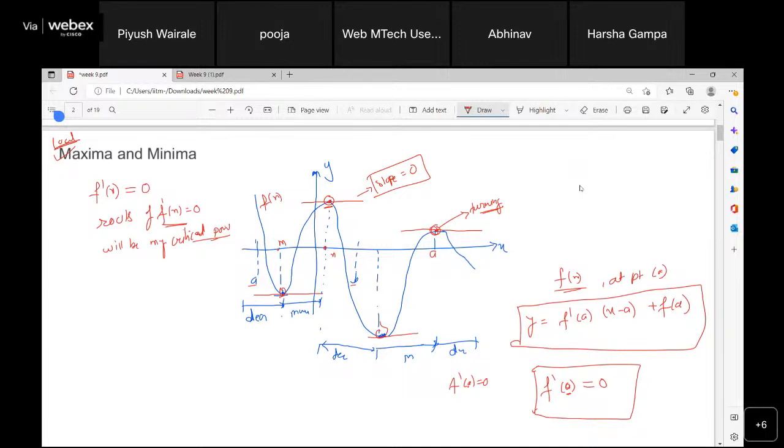So point A is a critical point of a function when f dash of A equals 0, or if it is not differentiable at A, it will still be a critical point. So you have to see. But the first thing is, if you are given any curve f of x, simply differentiate it and equate it to 0, right? So the roots of this equation will be my critical points, right?